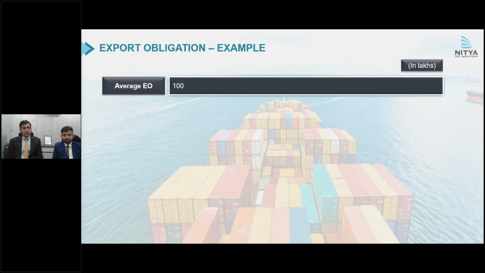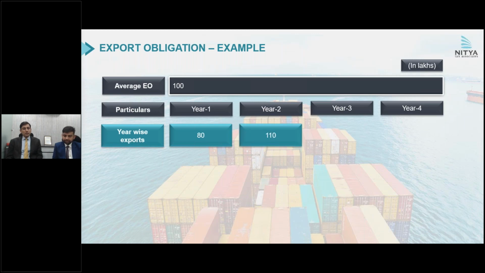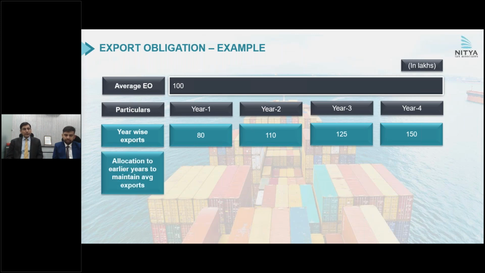Let us understand the meaning of average export obligation. As I explained in the previous slide, let's say the average export for the past 3 years is 100. Year-wise exports of the manufacturer in years 1, 2, 3, and 4 are 80, 110, 125, 150. You can see the average export is 100, which the exporter needs to maintain.